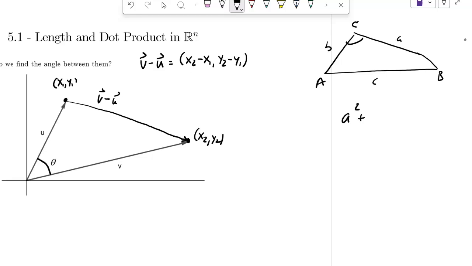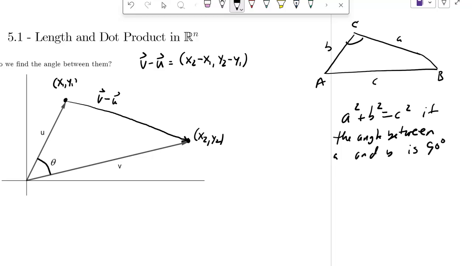Yeah, a squared plus b squared equals c squared, where the right angle is across from where the c is, right? So this is if the angle between the side A and the side B is 90 degrees. That's Pythagorean theorem. So the law of cosines is just an extension of the Pythagorean theorem. It starts off exactly like the Pythagorean theorem does.